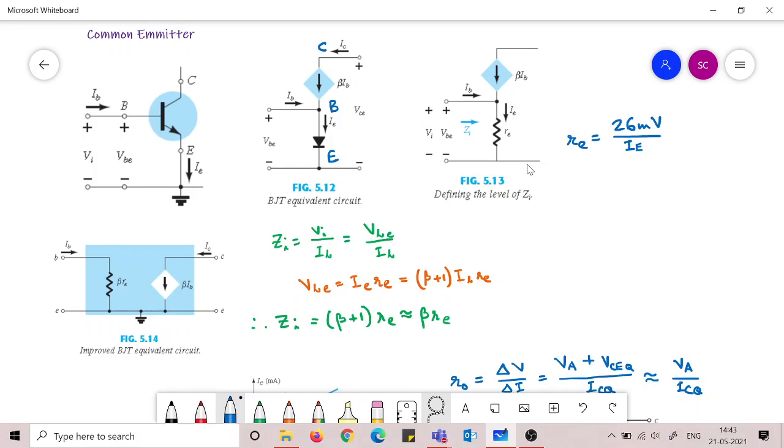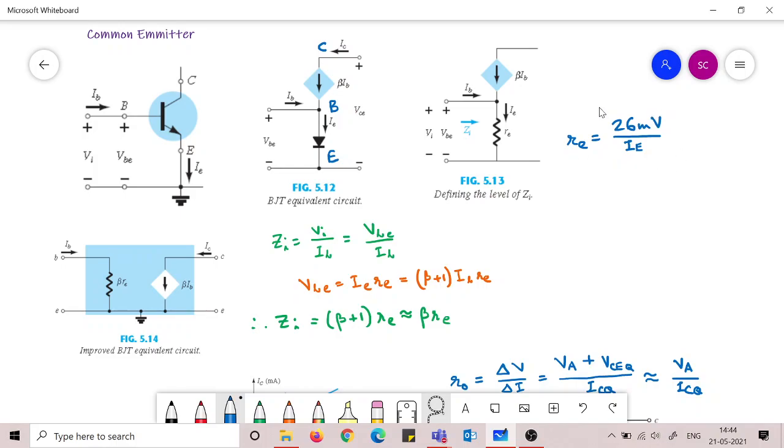What is the r_e resistance? By the theory of diode, if you go back to the diode, you will see that there are 3 types of resistances: DC resistance, AC resistance, average AC resistance. So this resistance r_e, which it is offering to the current, I think this is the average AC resistance, I don't remember very well.